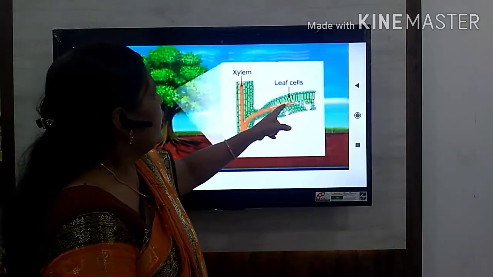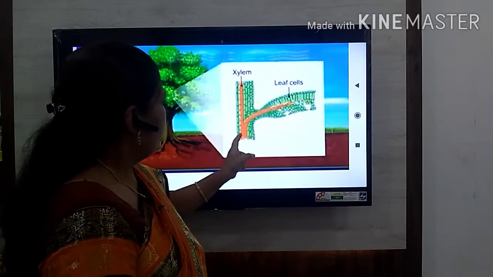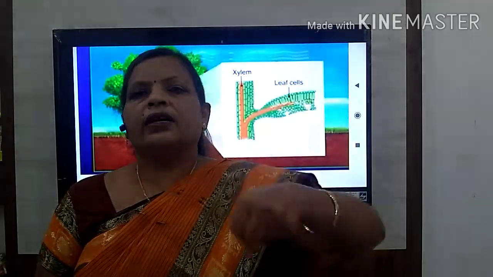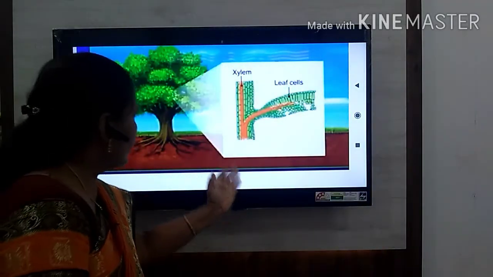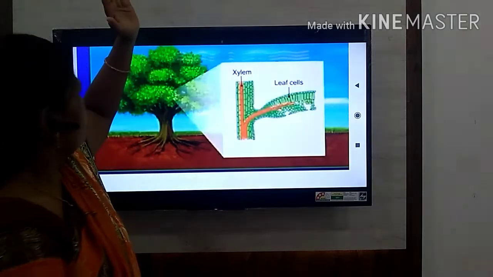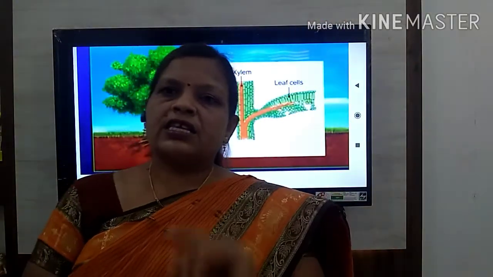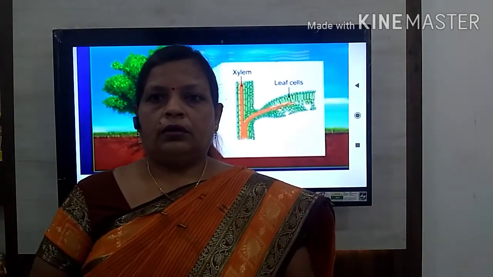In this way, the water from this xylem tissue, shown in orange color, is again taken up by the leaves, and in this way more and more water from the root is absorbed by the shoot system, and this is just because of the transpiration pull.